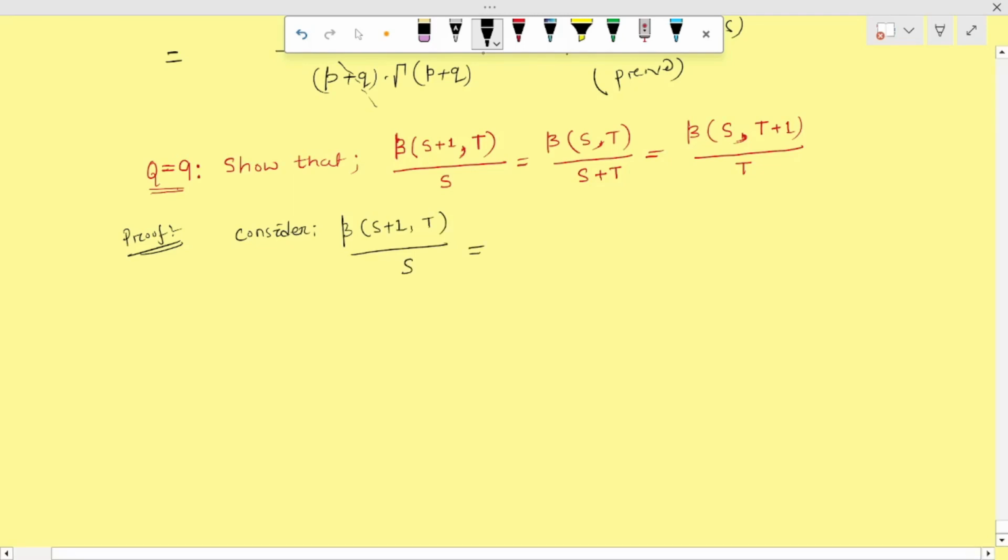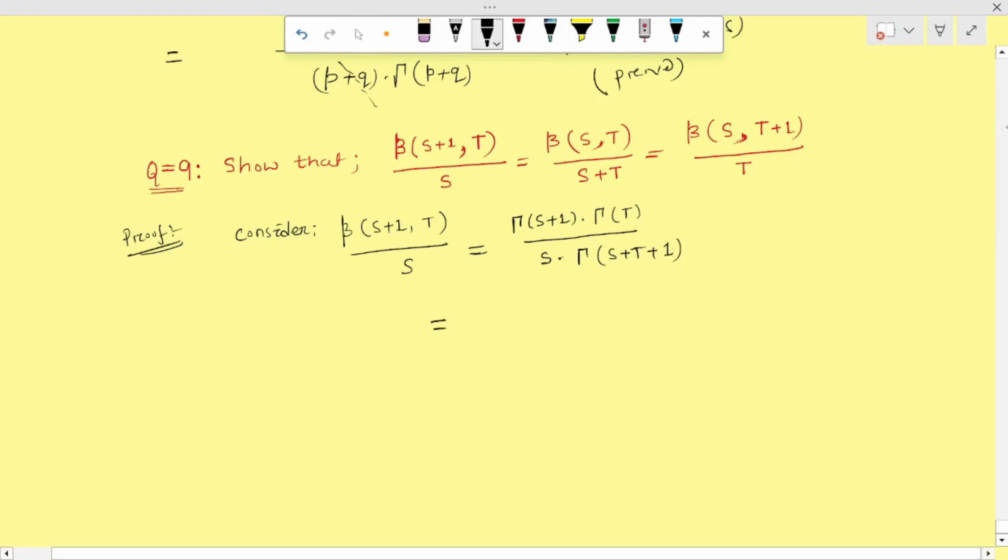This can be written using the beta and gamma relation as gamma s plus 1 into gamma t by s, by gamma s plus t plus 1. Here we are going to use the first property of gamma function, that is gamma n plus 1 is n gamma n.